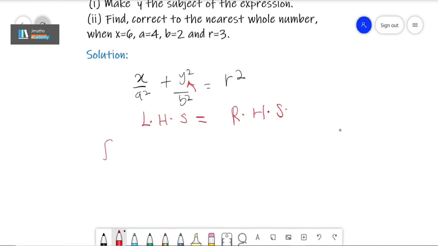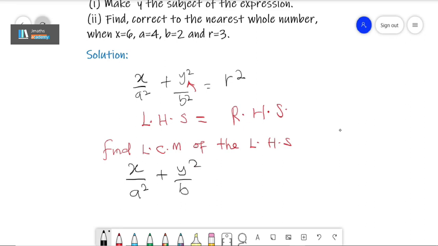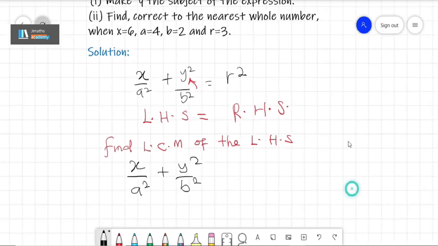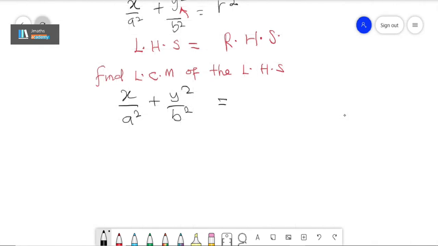So to continue, we'll find the LCM of the left hand side of our equation, which is x over a squared plus y squared over b squared, equal to r squared.